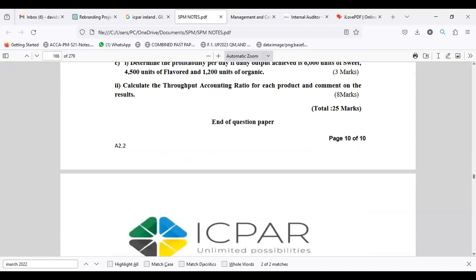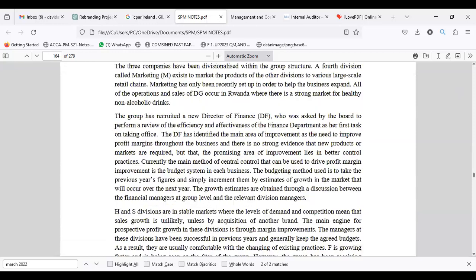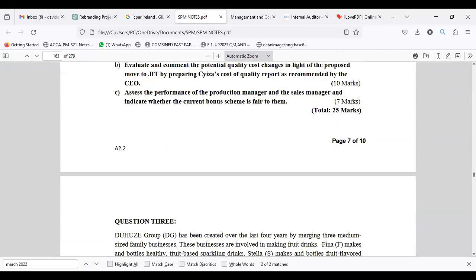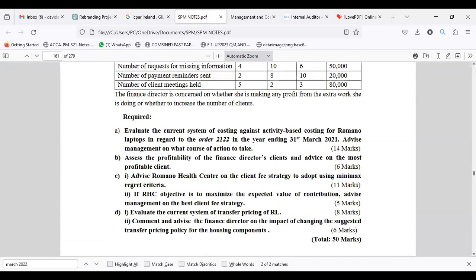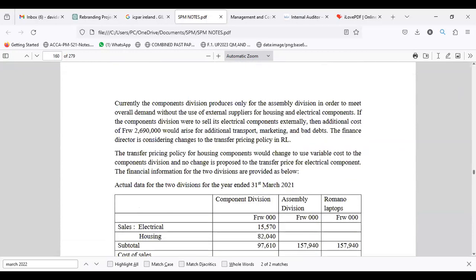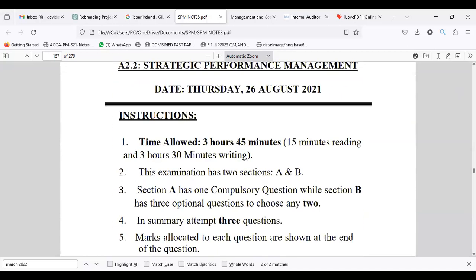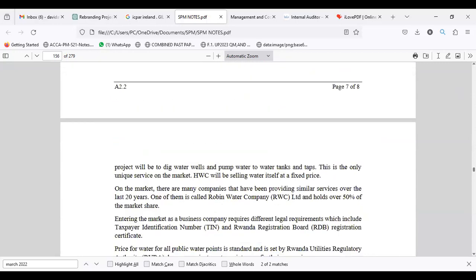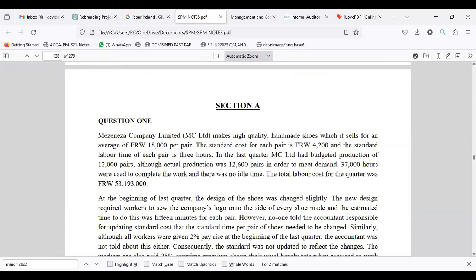It's not this. I don't see it, but there was a question which was tested. Let me search again, but I think it is a case study, which was, no, this is August. I think I needed March, yes.